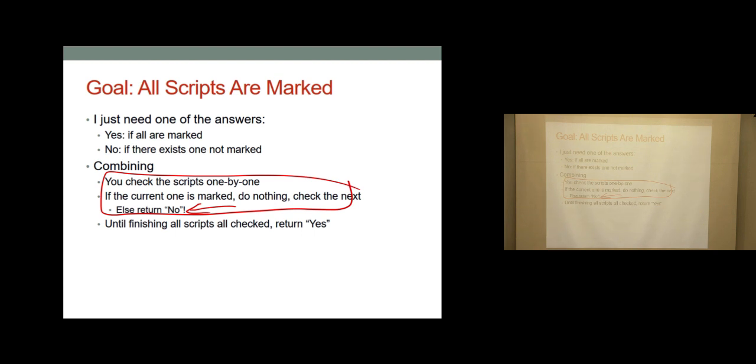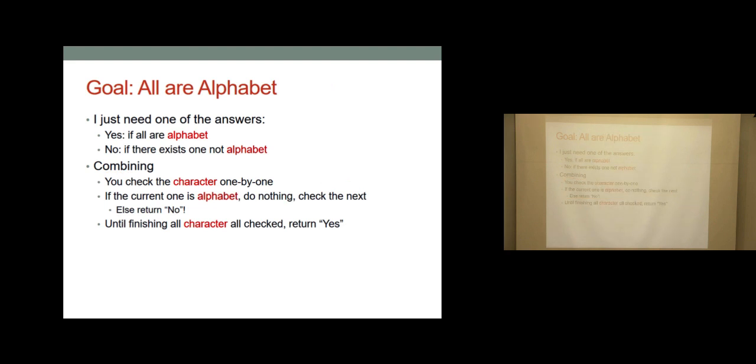And how do we translate to our problem? The problem is the same. You check every character one by one. If it is an alphabet, you do nothing. But if not alphabet, then you just return no. That means I check each character, and if I find out one of them is not an alphabet, I can abort and say no, it's not all alphabet.